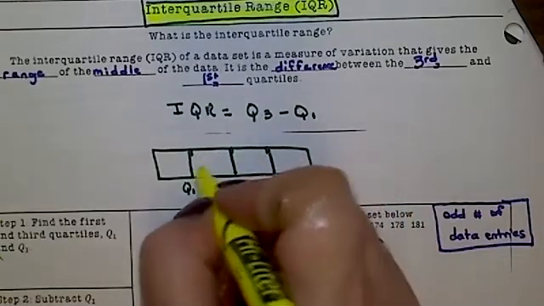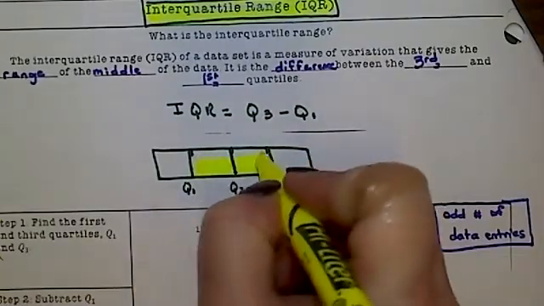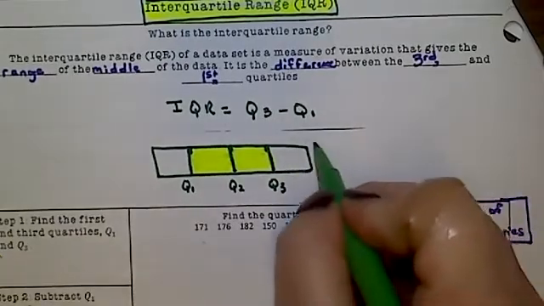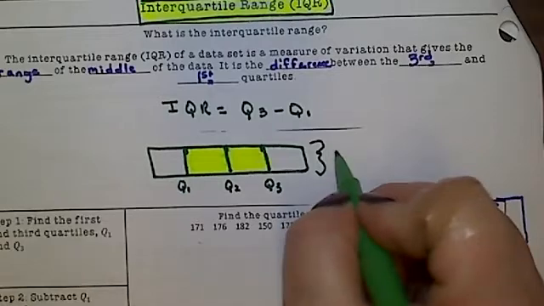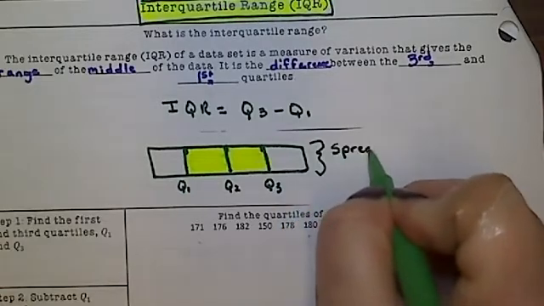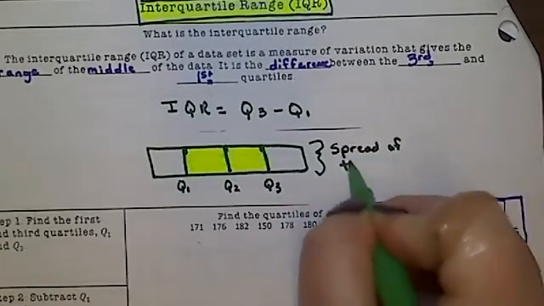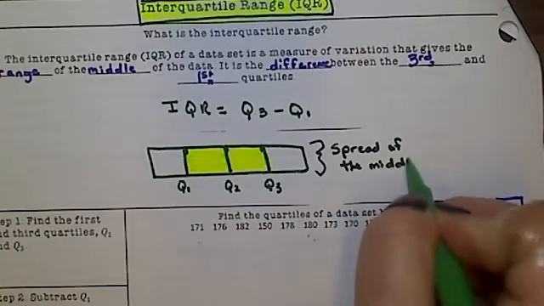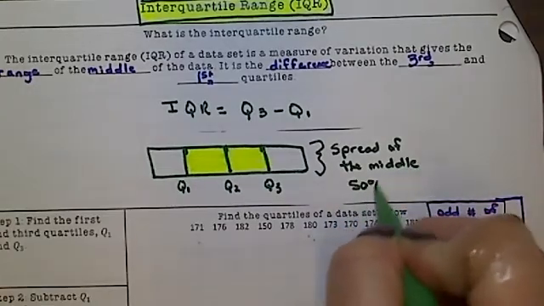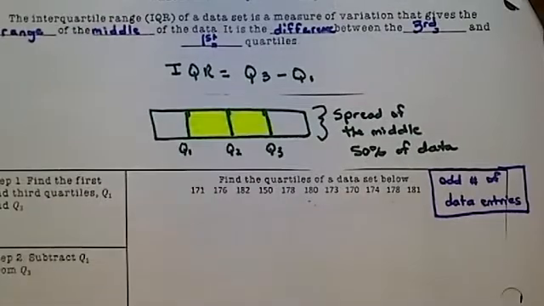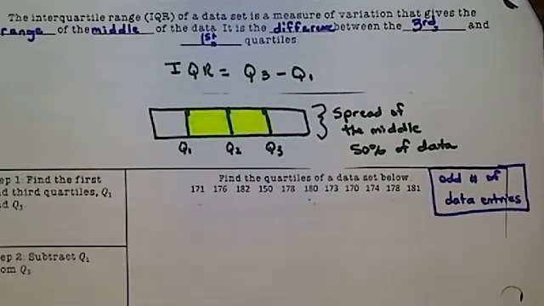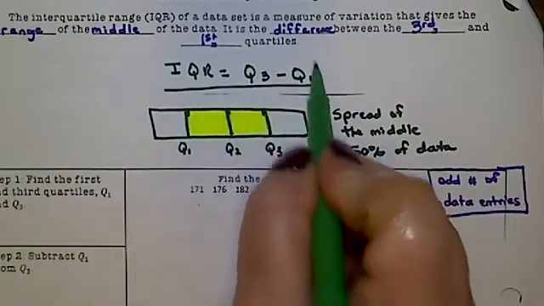So if I take Q3 and I minus Q1, it's giving you the spread of the middle 50% of the data. Okay, so that's your interquartile range.